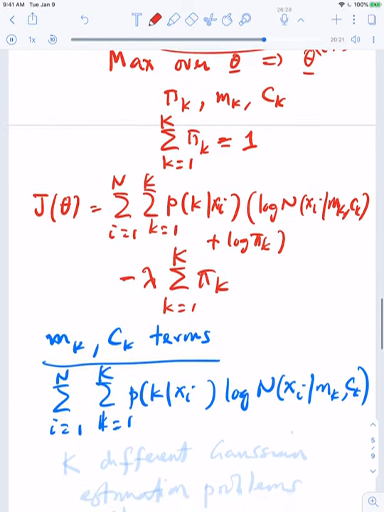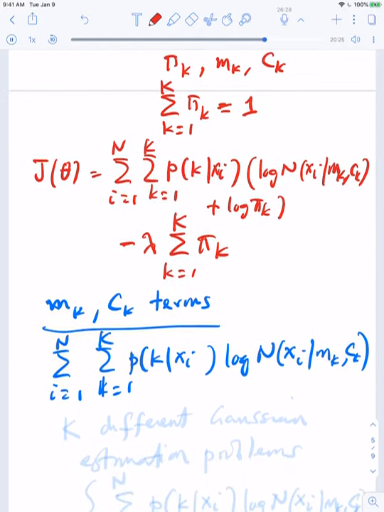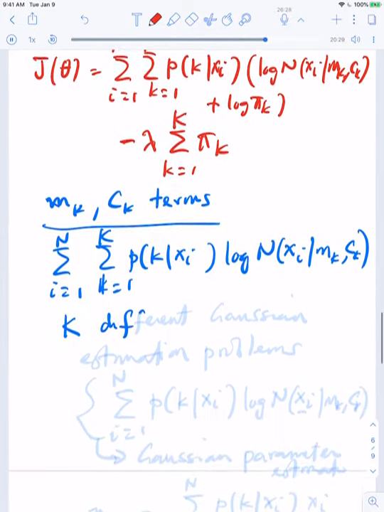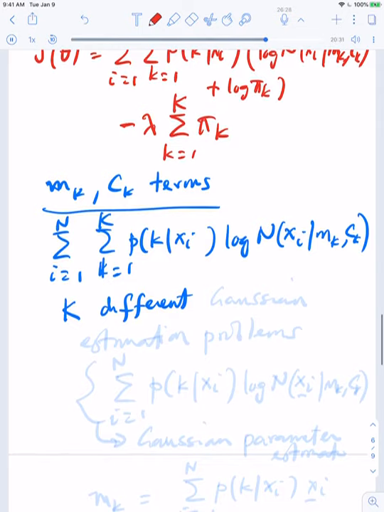And so you can see that I have these k different Gaussian estimation problems, and I realized that we stated the solution for the Gaussian mean and covariance estimates, but we didn't provide the entire derivation.